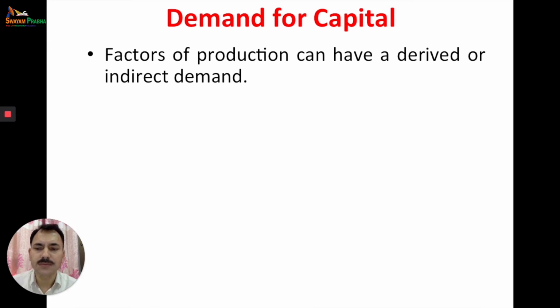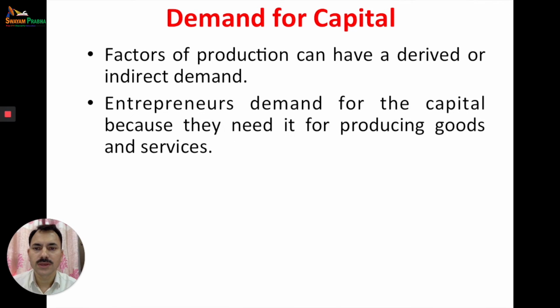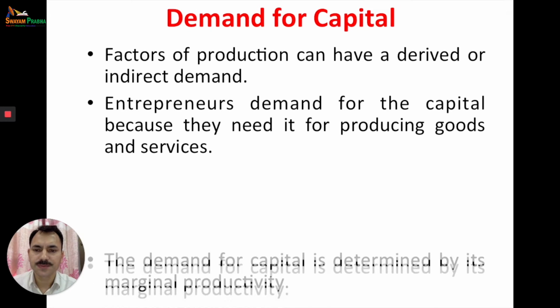We need some product, we have to satisfy our wants with some services or products, and to produce these commodities or services, we need the factors of production, including capital. So the entrepreneur demands capital because they need it for producing goods and services.